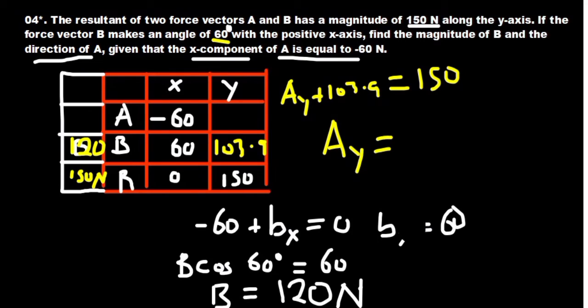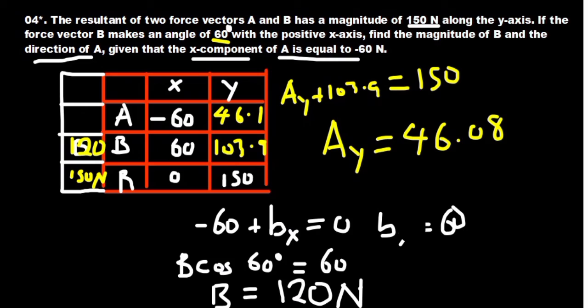What do we have as the y component of A? 150 minus 103.9, I'm getting 46.08, which is approximately 46.1. So that is our y component. We found our x and y components.